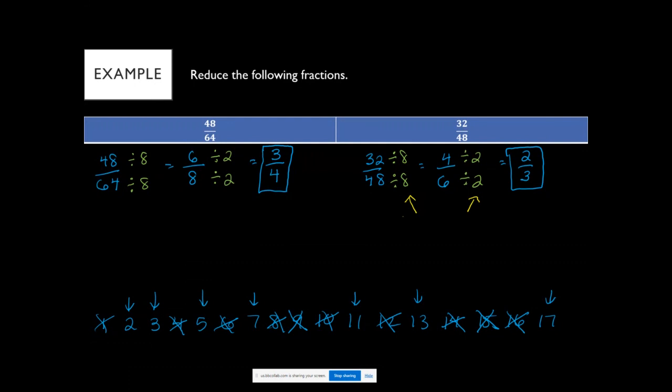And if you're wondering, I can't find anything, when do you stop checking numbers? You take the square root. On your calculator, there's generally a square root button. If you take the square root of 32, you're going to get a decimal, 5.65, whatever. Look at the whole number part. It's 5.